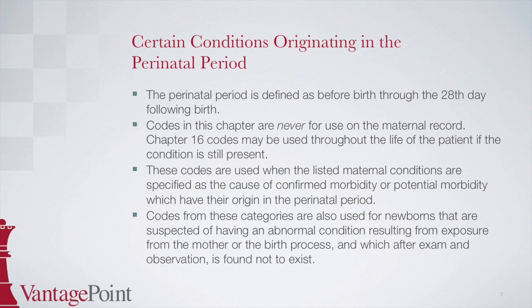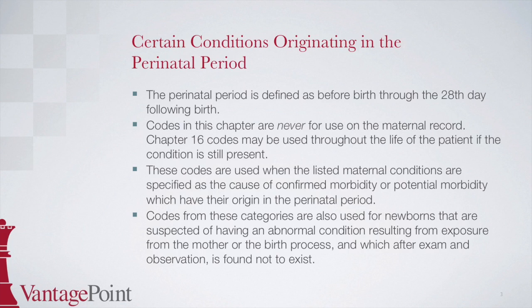If the condition is still being treated, it is still appropriate to use this code. You're going to use these codes when documentation indicates that maternal conditions either caused or had the potential to cause a complication in the baby. Unlike the majority of ICD-10 codes, codes from this chapter can be used for newborns that are suspected of having an abnormal condition resulting from exposure from the mother or the birth process, even if after exam and observation, it turns out the baby does not have the condition.